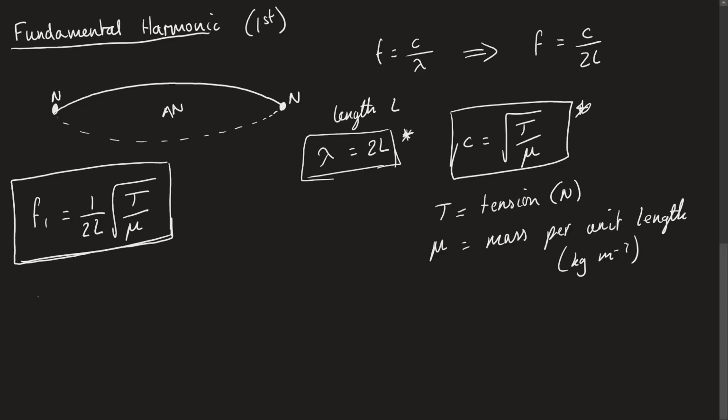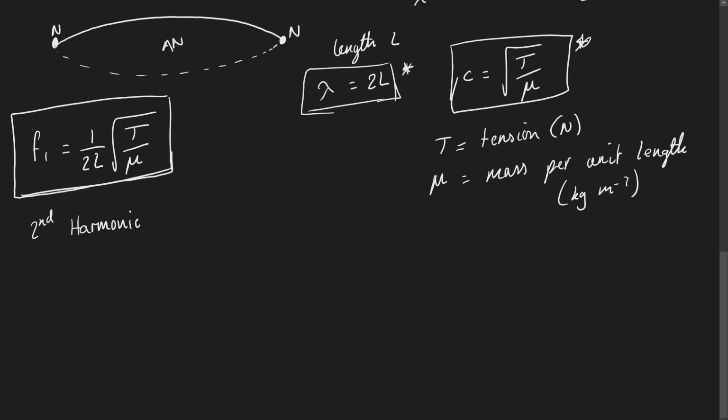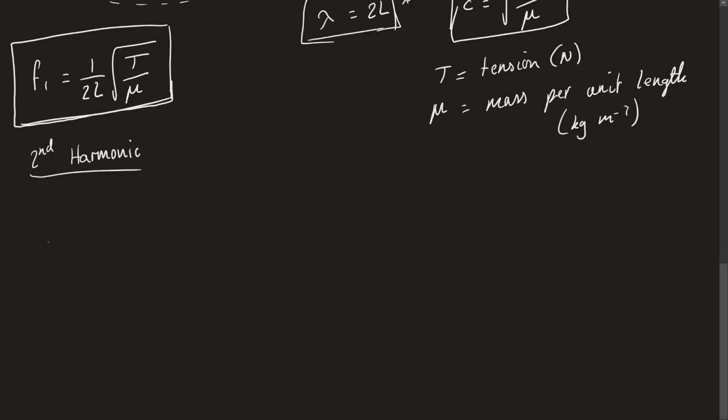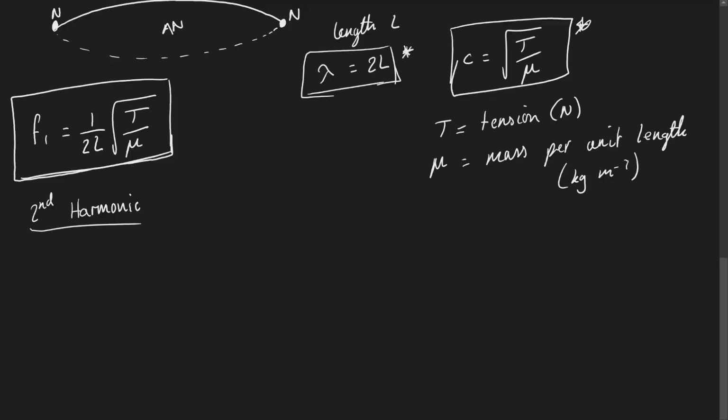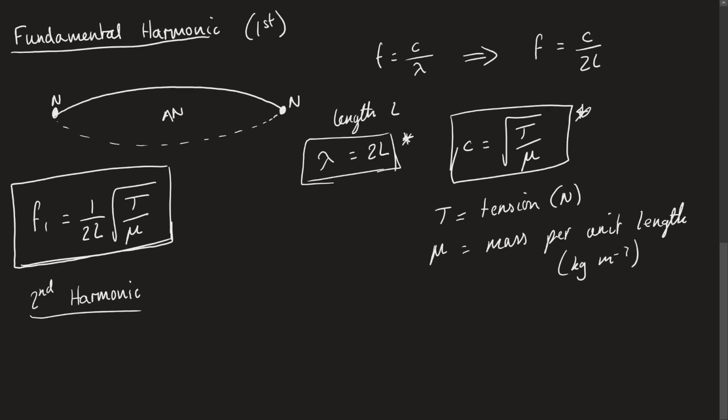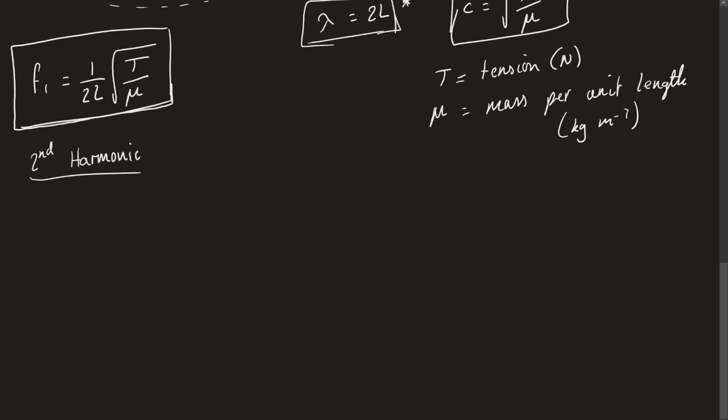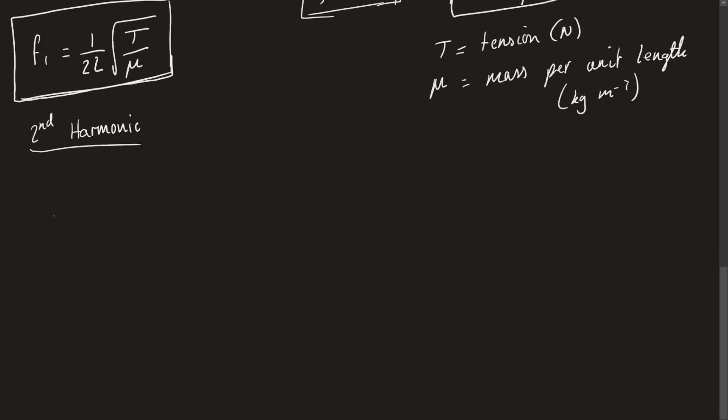So now we can look at a second harmonic. Since in the first harmonic we only had half of a wavelength, in the second harmonic we're going to have one full wavelength. So the second harmonic is going to look something like this, and then it will be reflected and look something like this, where we still have the same length of string.